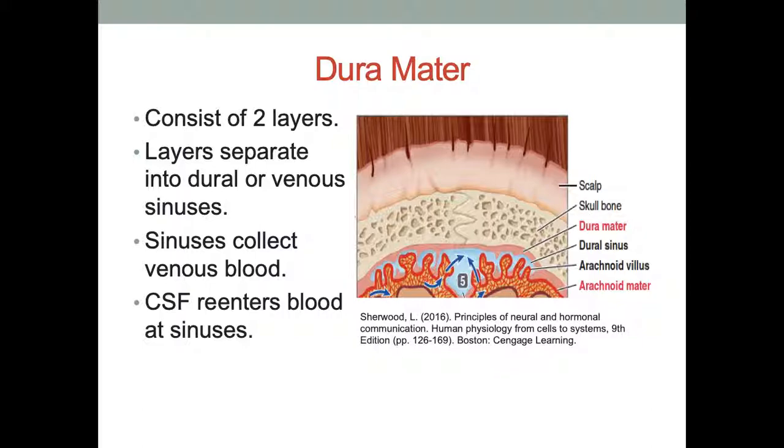Cerebral spinal fluid can also collect in this place where it can be reabsorbed back into the blood and reused. So, pretty important function with the chemical composition of the cerebral spinal fluid in the blood as it travels through the brain and the rest of the body.